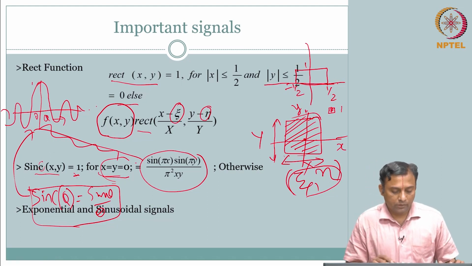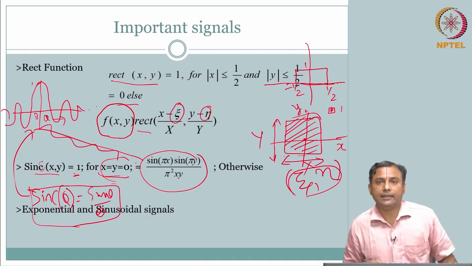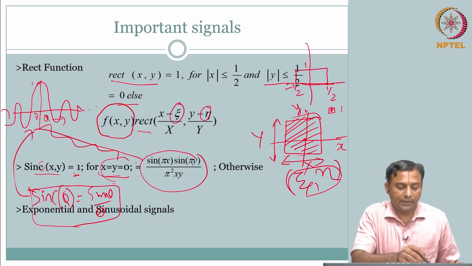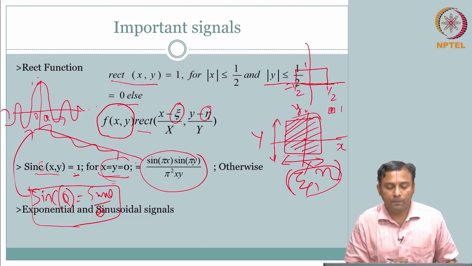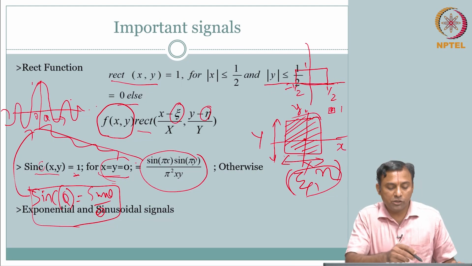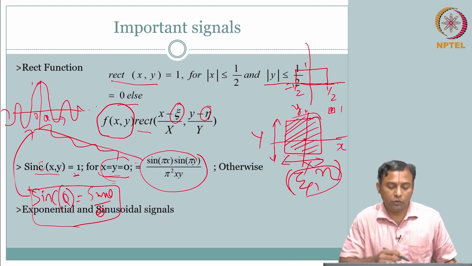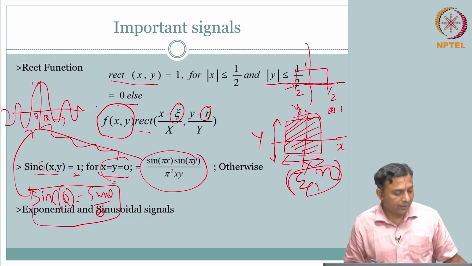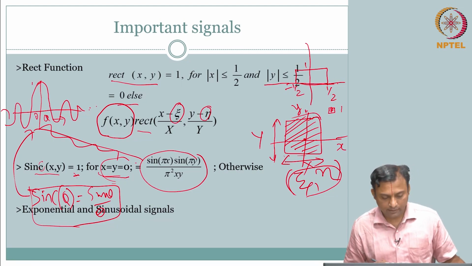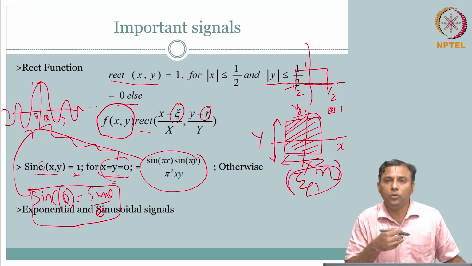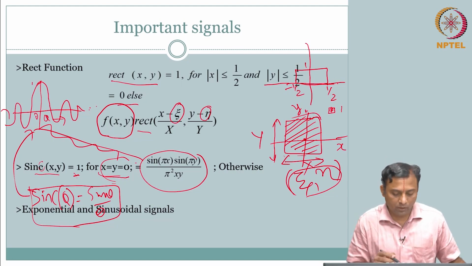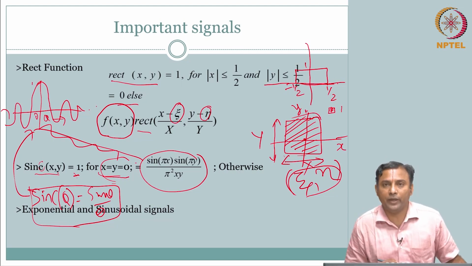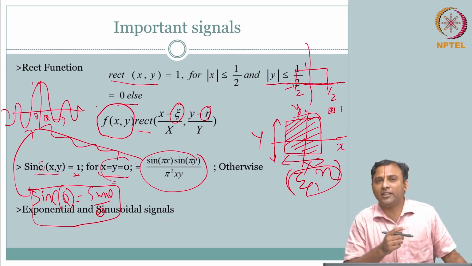So, this is your sinc function. It has a maximum value at the origin and then it asymptotically reduces, but it oscillates, it goes both positive and negative. That is your sinc function, and this can be extended to 2 directions, that is what sinc of x comma y is.